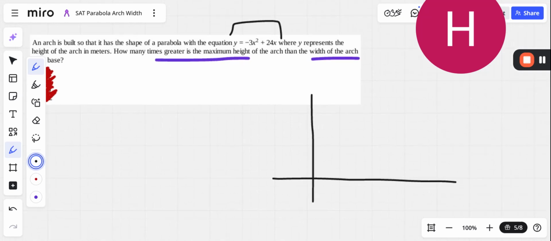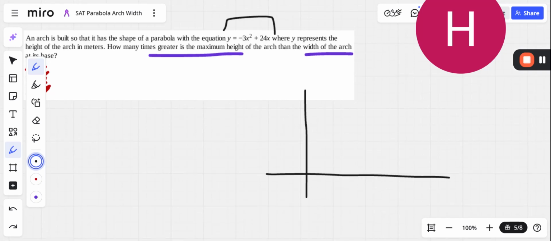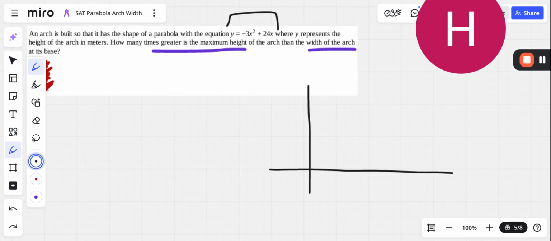Technically this parabola is going to continue going downwards forever, the equation would dictate that anyways. I think we're going to use reality to limit that extension, to say there's some distance along this portion that's going to be considered the width. I guess we can treat 0 as sort of like the ground.